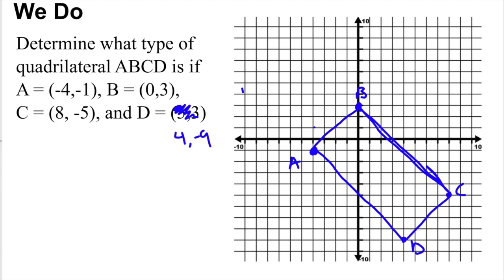We make our slope triangles, because remember, the slope triangles are going to help us do two things. One, they're going to help us calculate the slope, and two, they're going to help us calculate the distance. And we cannot do anything with a coordinate proof unless we do those two things.